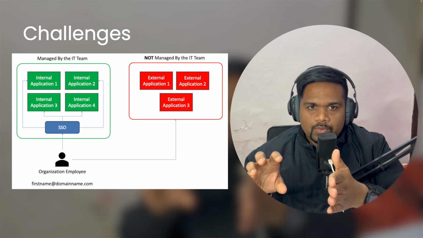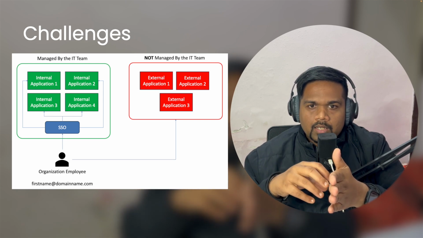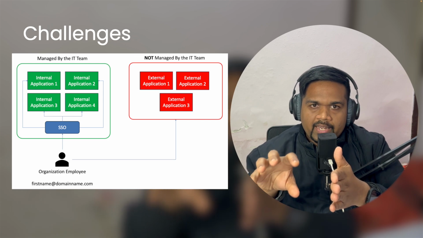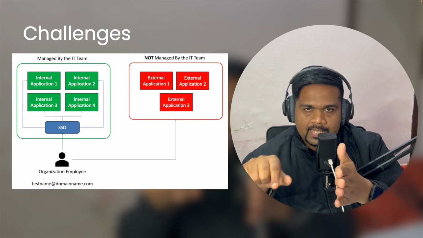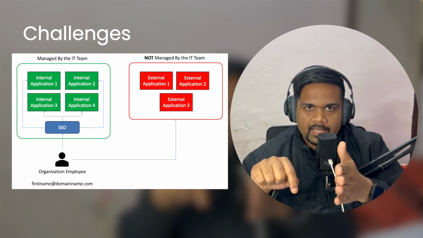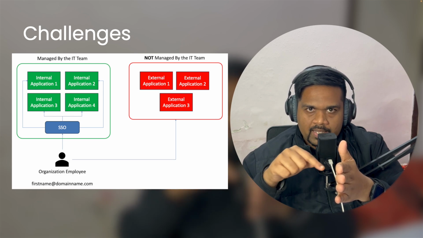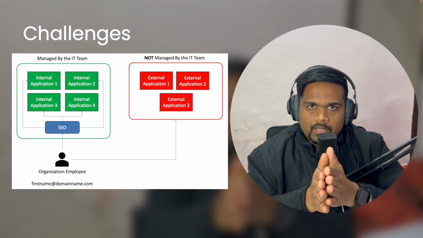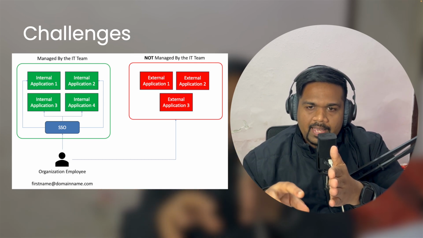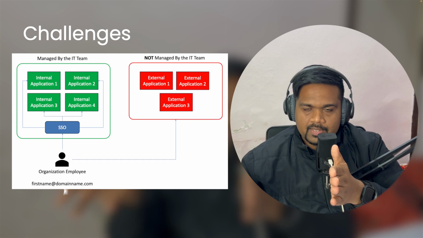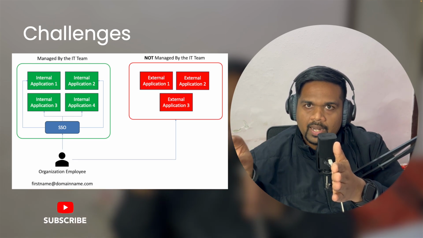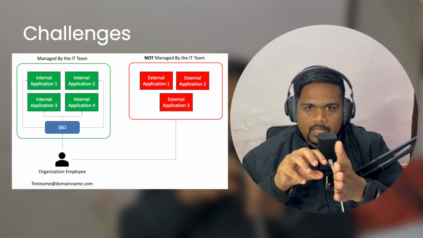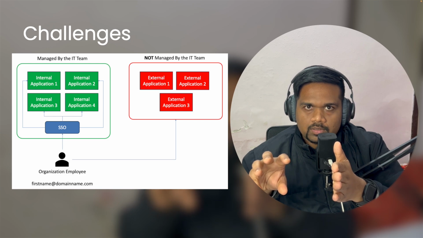For example, he goes to application A where he creates his own ID with the help of the organizational email, and creates a password. In the same way, he has used 2 or 3 applications: application 1, application 2, and application 3. He created his account without SSO.